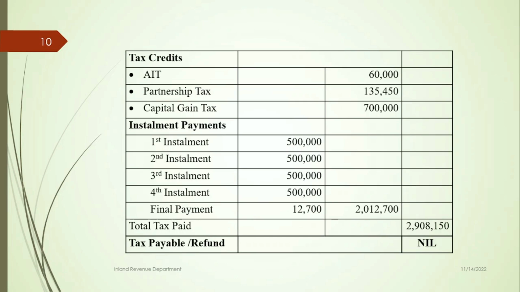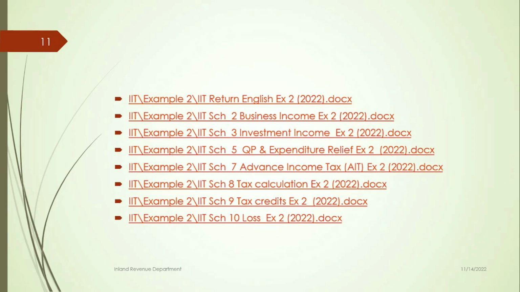Altogether, all credits available to her will be 2,908,150. There will be no tax payable or refund because this taxpayer, Miss Tilaka, paid total payable tax on time to the Department of Inland Revenue.